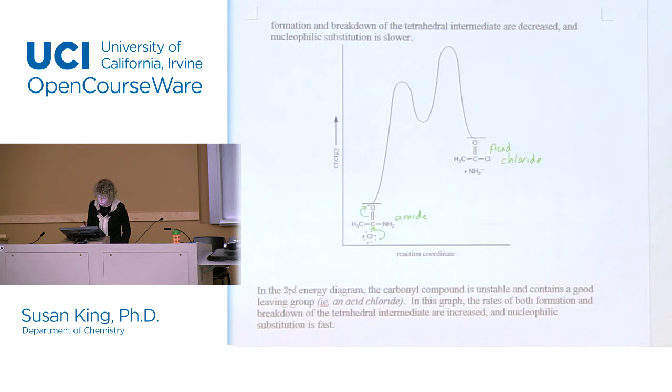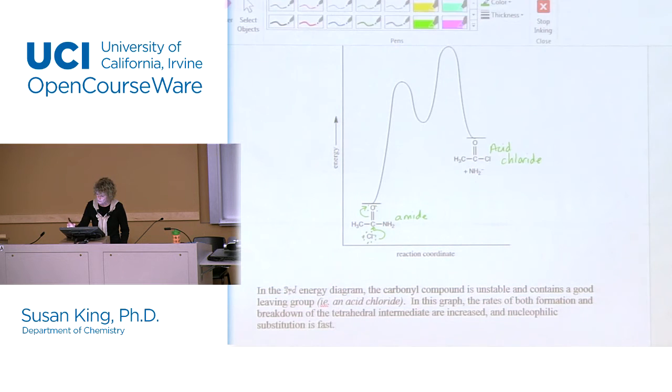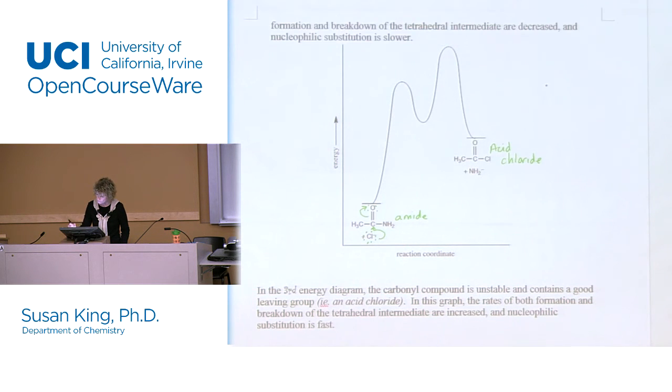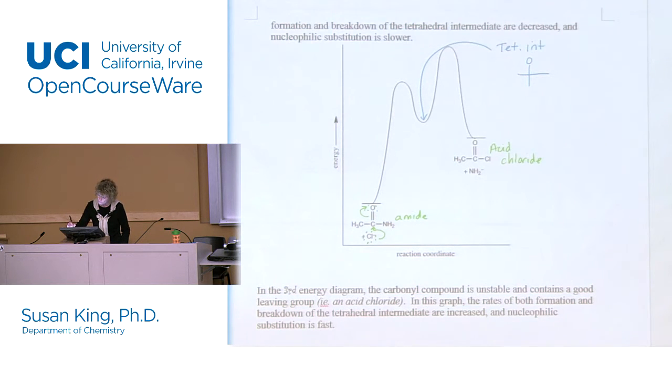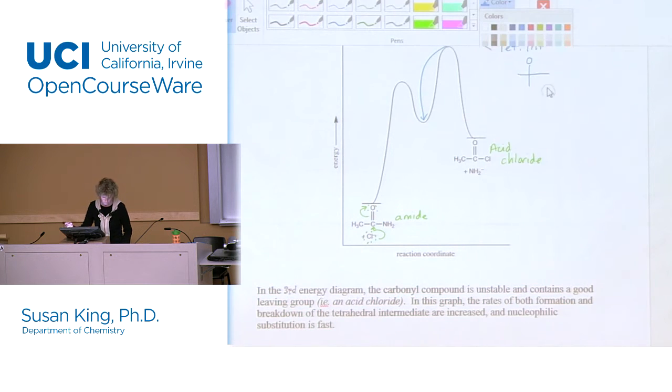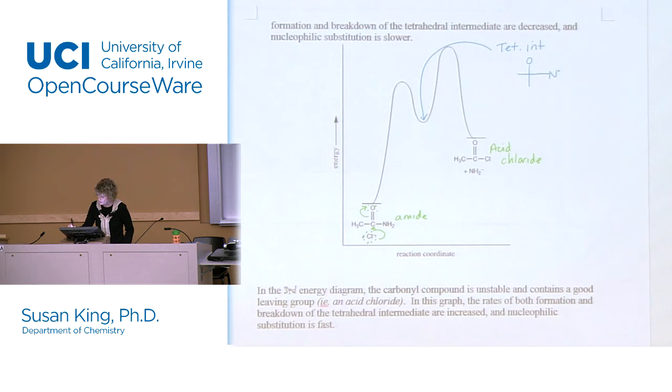Let's see. Let's draw the tetrahedral intermediate over here. All right, so we have NH2 here.